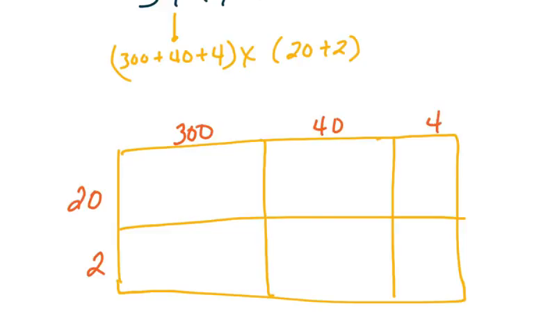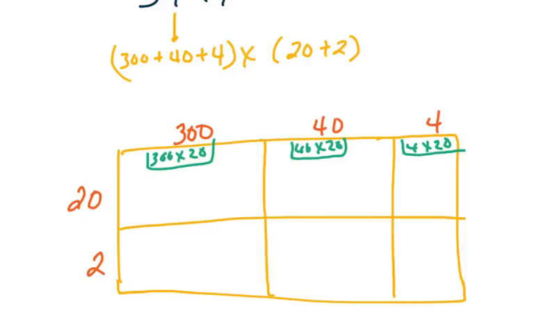And like I said, if you want to make it easier, you can do 300 times 20. Make another little box, that way you can keep everything on track. 40 times 20 and 4 times 20, because also this shows that you're distributing that 20 across 344.